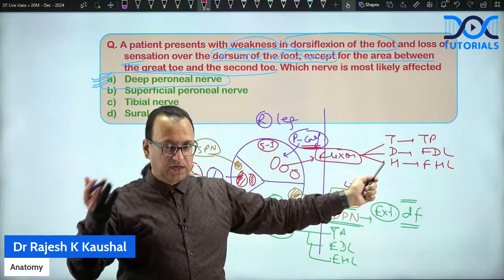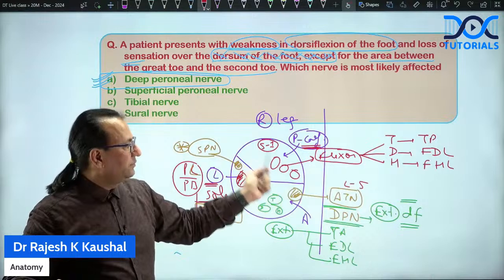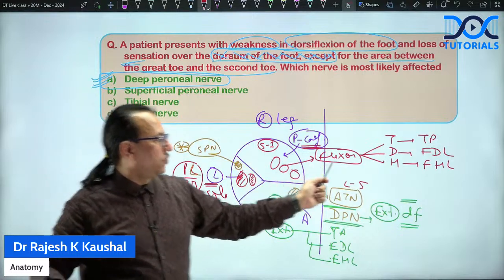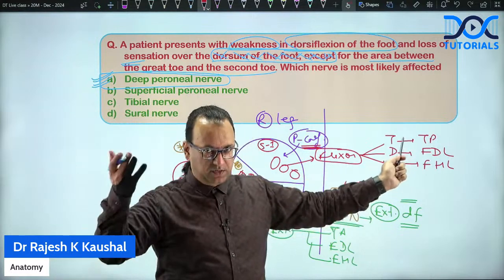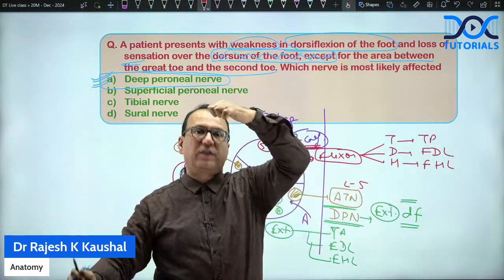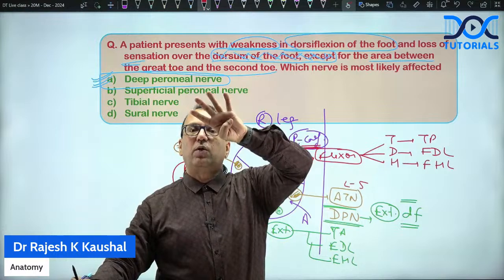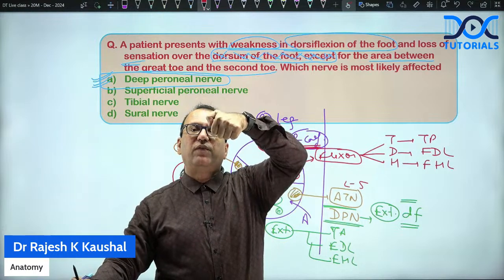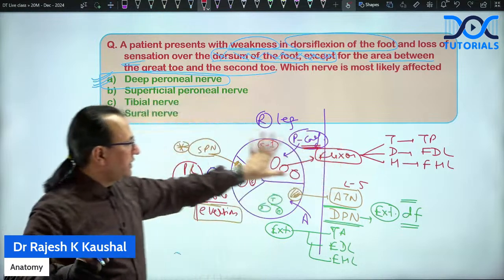So who are flexor Tom, Dick, and Harry in the calf region? Tibialis posterior, flexor digitorum longus, and flexor hallucis longus. They fold the toes, and fold the great toe. What is the nerve supply?